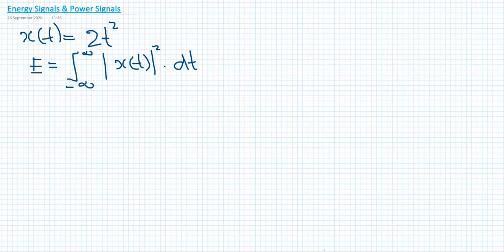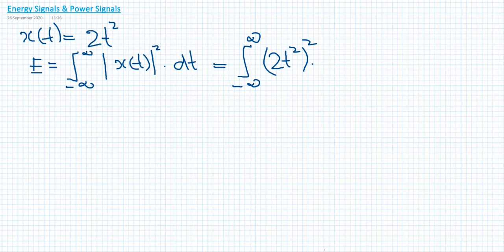In this case it's quite straightforward that this is not a complex signal, so if my signal is 2t squared, then I only need to take the square of it. So it will be the integration from minus infinity to positive infinity of 2t squared, squared, dt.